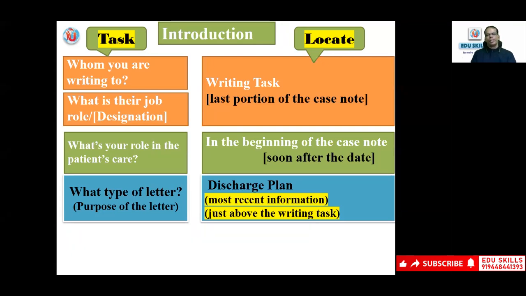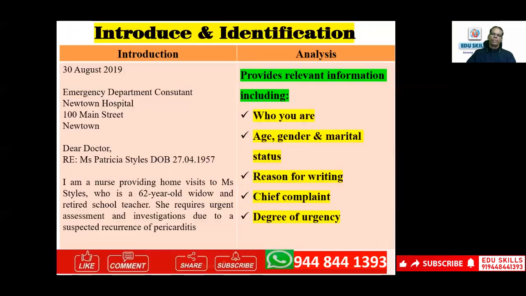Those are the 3 places where you locate the details of your purpose statement or introduction. I'm not going to explain this because I have done it in the introduction, just to tell you: introduce and identification. These are, as per the ISBAR criteria, the internationally accepted, sole communication model for health professionals.